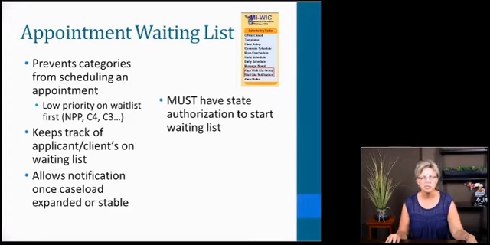Once the waiting list is turned on, and that's turned on at the state level after consultation, the low risk, low priority clients, and the lowest priority clients are your NPP clients or your children that are 4 that don't have a medical risk. Those clients will complete their certification period but then be placed on a waiting list.